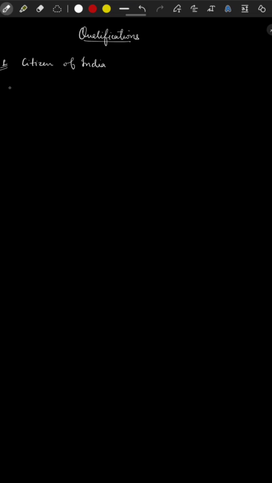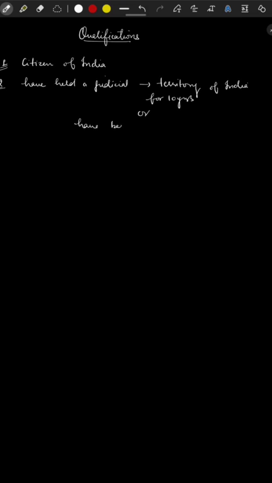Second, he should have held a judicial office in the territory of India for at least 10 years, or have been an advocate of any high court in succession for 10 years.